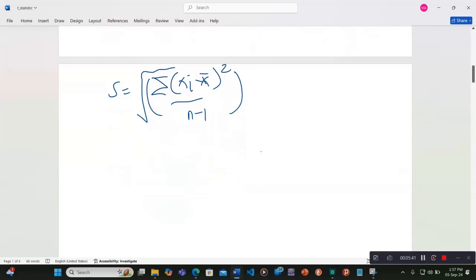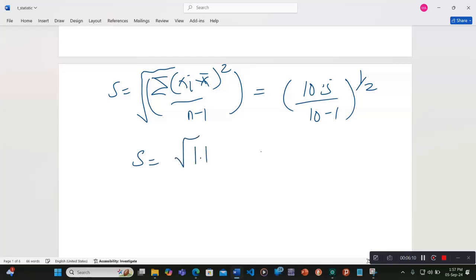That means our sample standard deviation will equal 10.5 divided by n minus 1, which is 10 minus 1, everything to the power half. This is the same as taking the square root of 1.1667, and this is 1.08, to two decimal places.